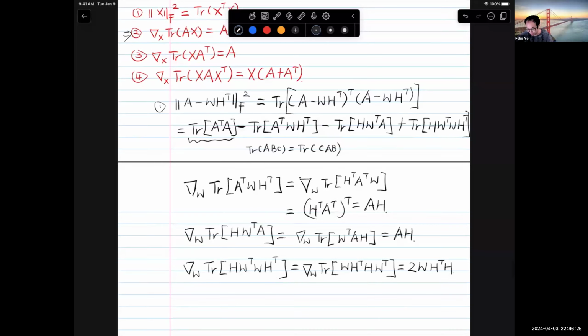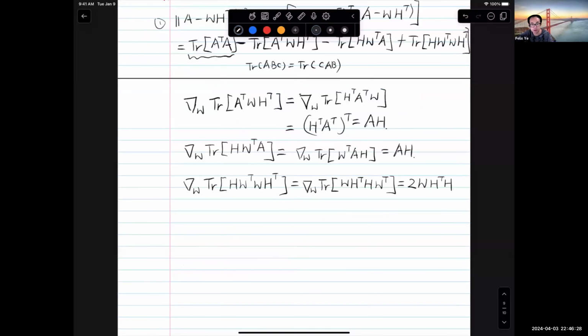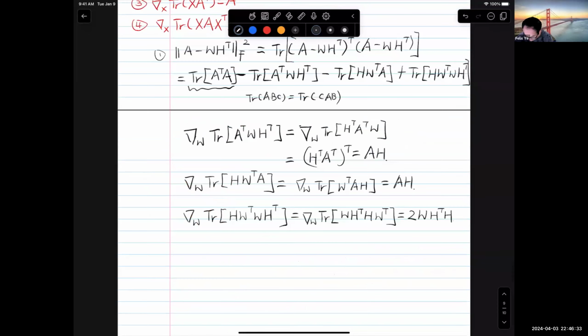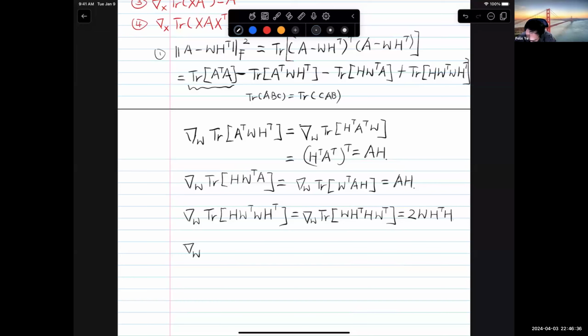So basically, if we combine this together, we are also missing this part, which is the gradient of the Frobenius norm of 1/2. This is actually, I believe, just equal to W, right? So this is basically how you do the derivative with respect to a matrix.